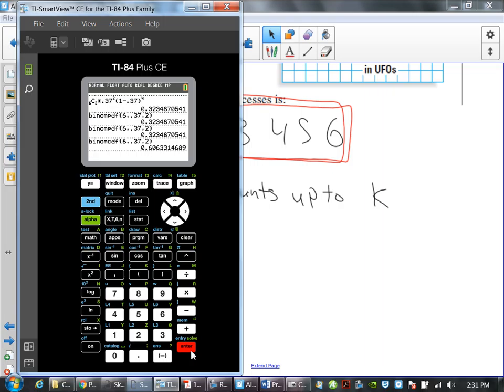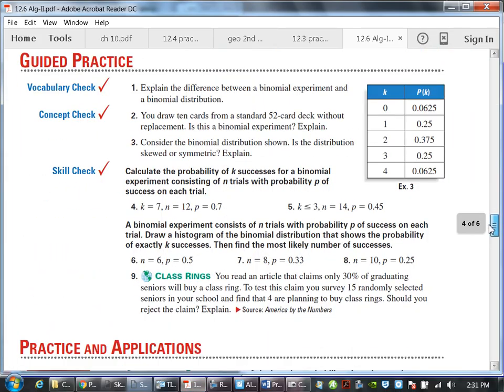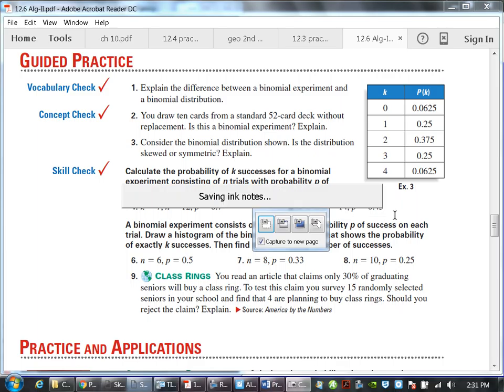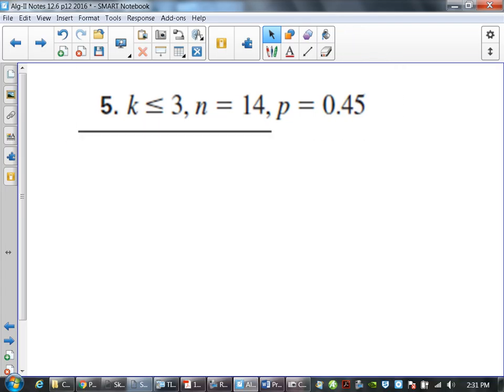So as I was saying, when I look at this, my k value is less than or equal to 3.